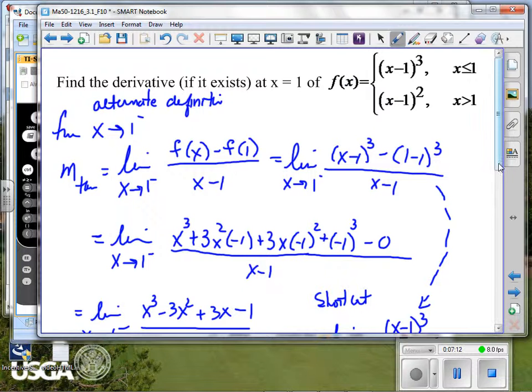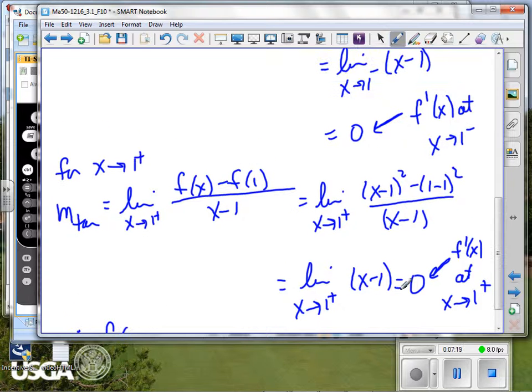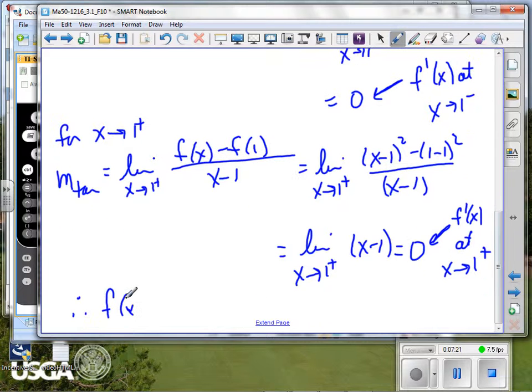And if we look at that, we get the same values. So therefore, f prime of x is equal to 0 at x equaling 1.